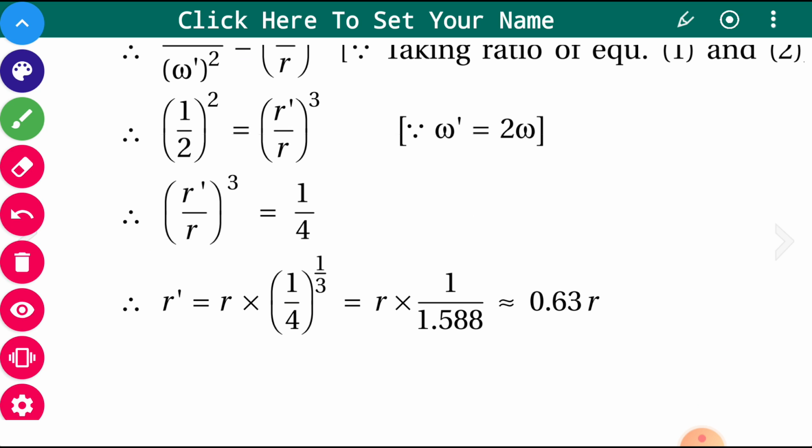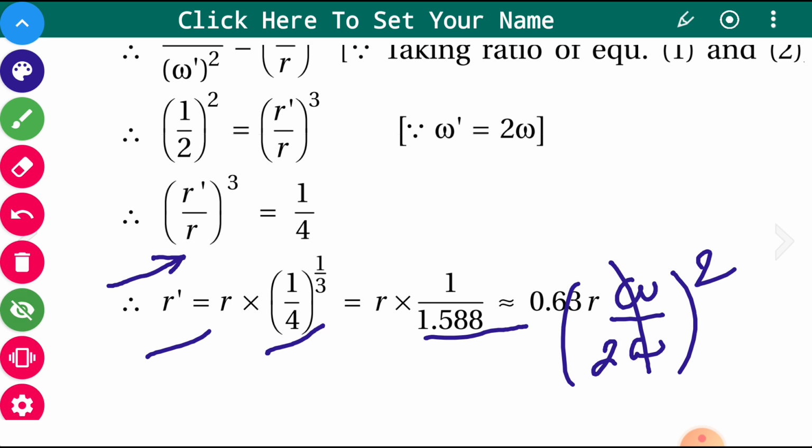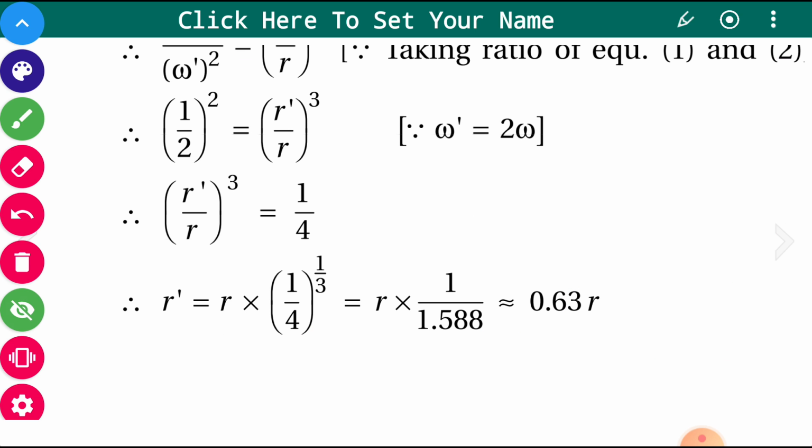So r prime cube upon r cube is equal to 1 upon 4.